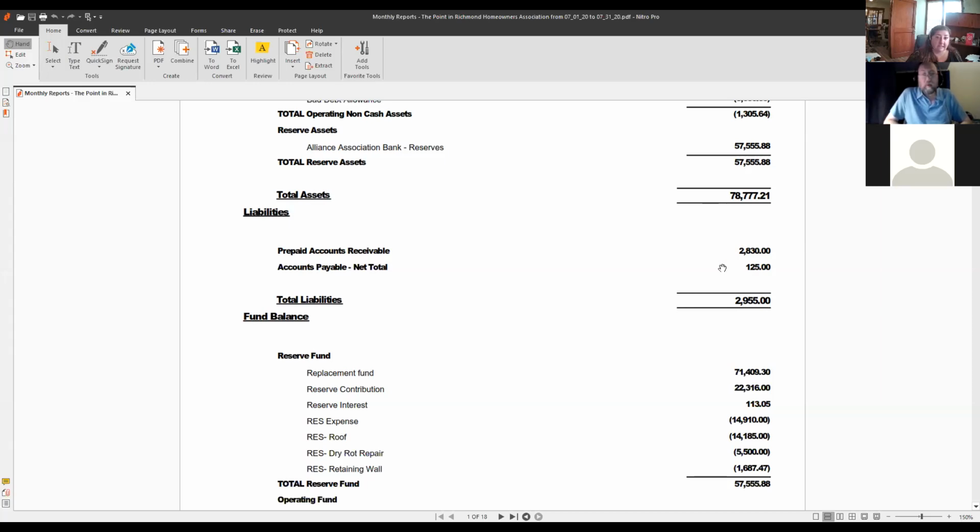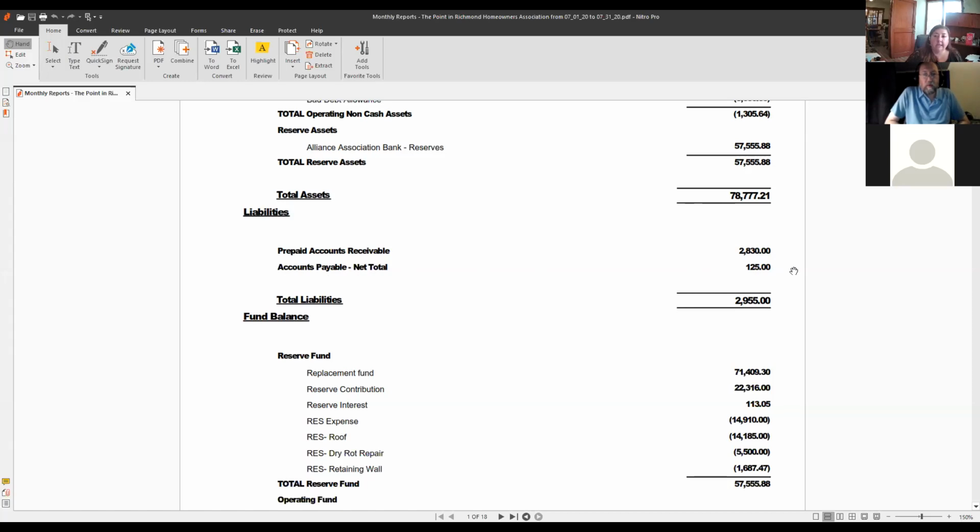And in fact, it is a liability because if, God forbid, something were to happen to the association and the association didn't exist the following month, we technically owe that money to the homeowner because that is not earned income. So that's why it sits as a liability. This next line item is accounts payable. This is who we owe at the end of the month.